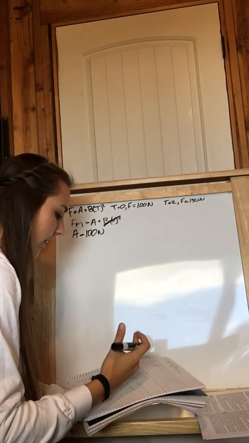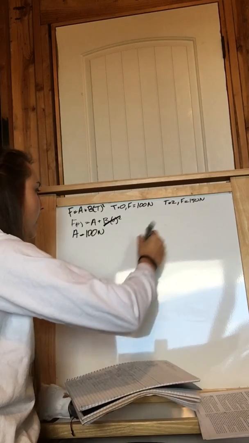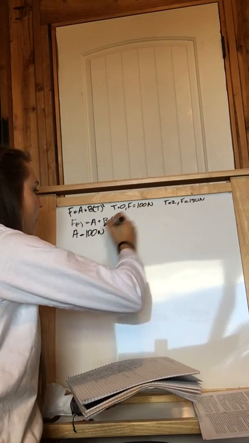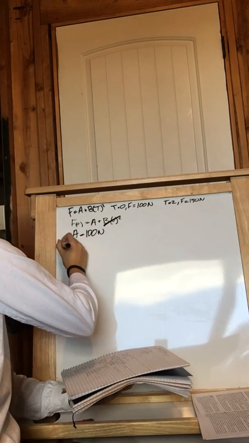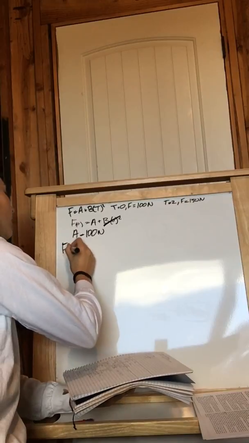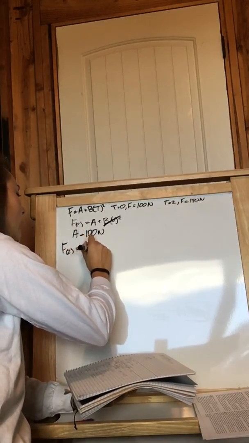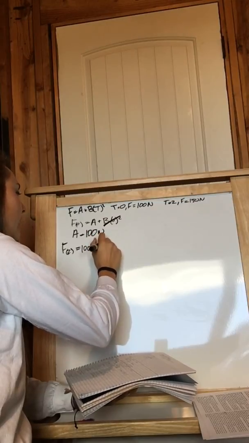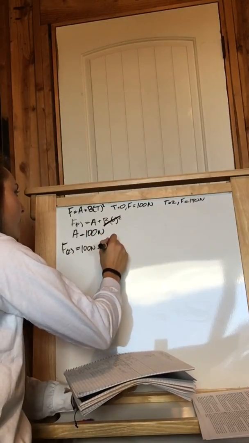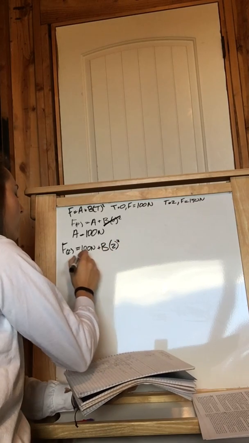And now that we know what A is, we can solve for B using these values. So F of 2 will equal A, or 100 newtons, plus B times 2 squared.